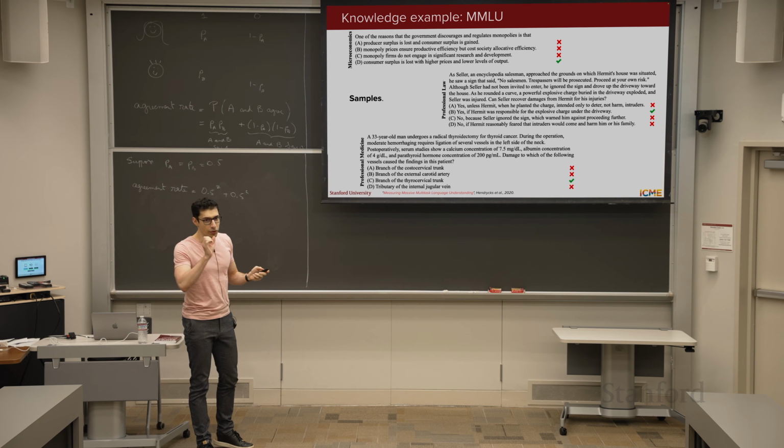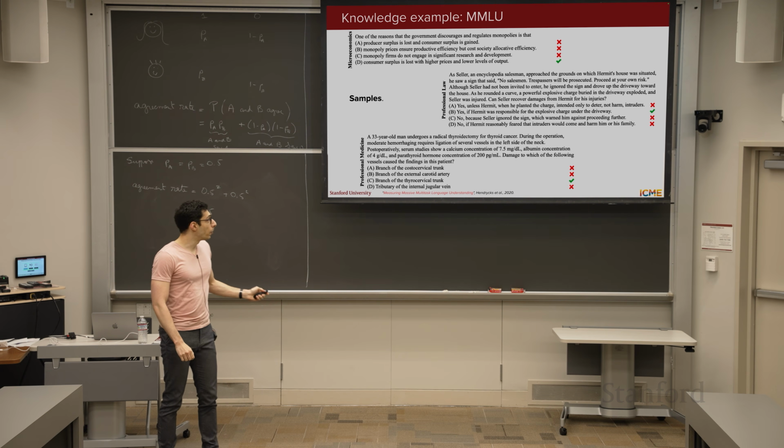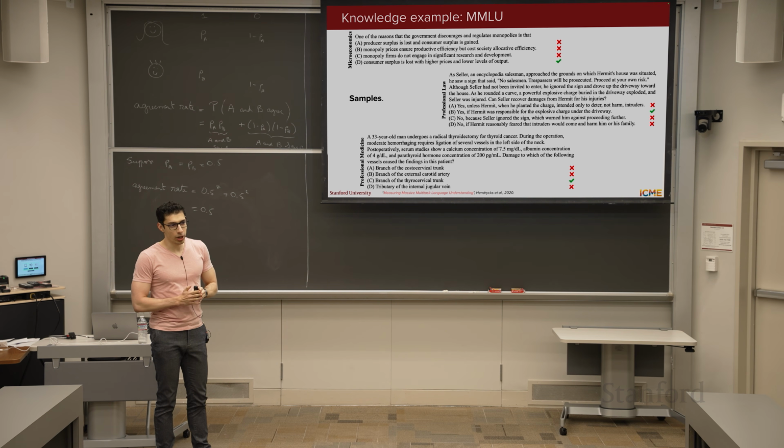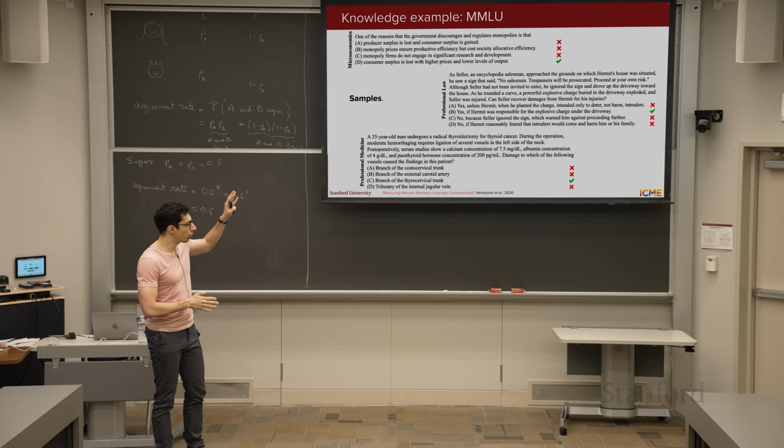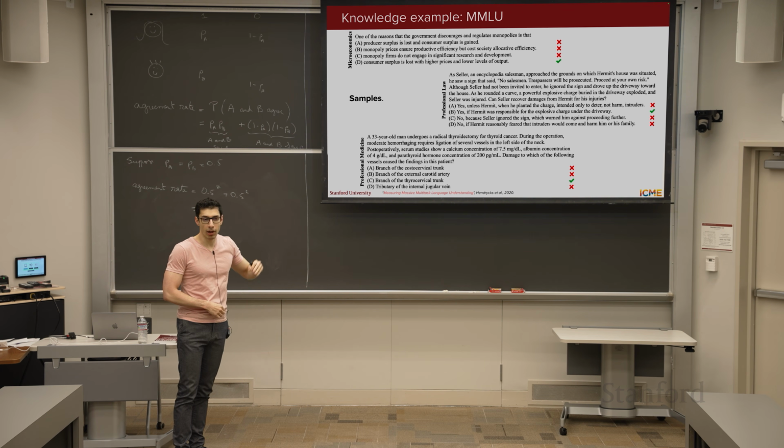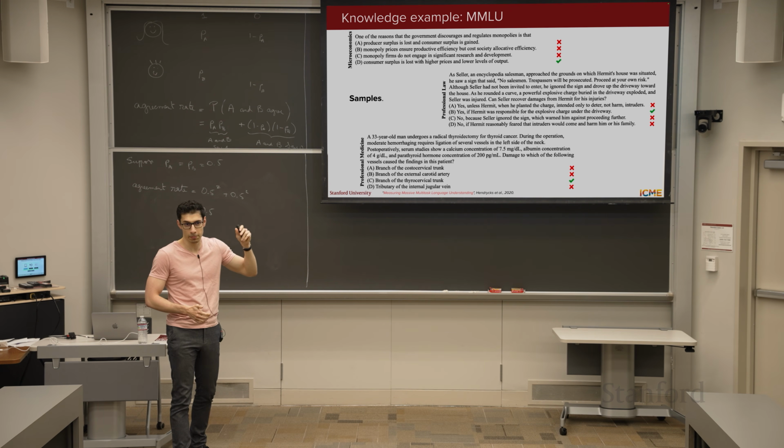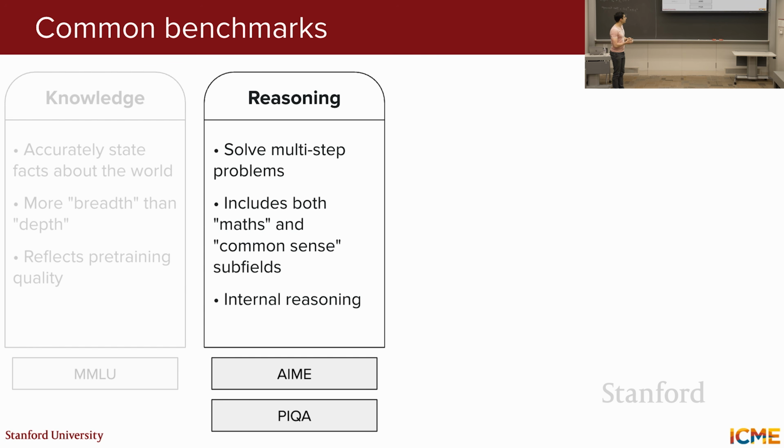Okay, great. So this is the first kind. And it's not the only benchmark in this category. You have other benchmarks that can be in this category, but it's just one of them. A second category that you might see are those in the reasoning space.